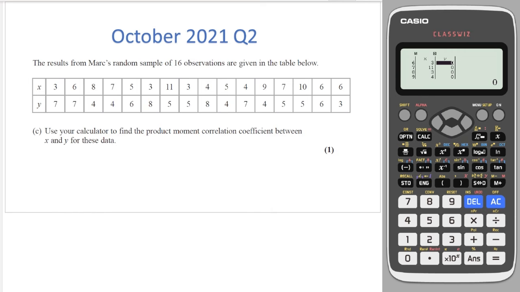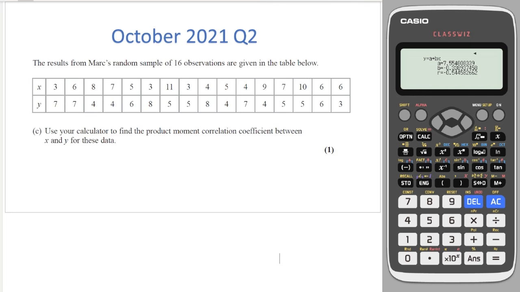and then I would go up to the top, and I would start putting them in for the y. So 7, 7, 4, 4, 6, 8, all the way down to the bottom. And now I've just done that, I can then press Option, and I can do Regression Calculate, and this gives me my r value.